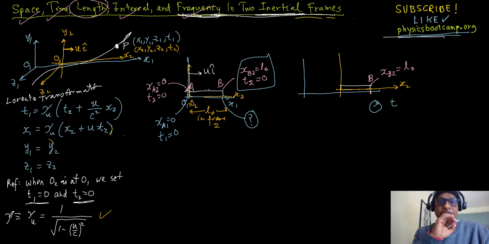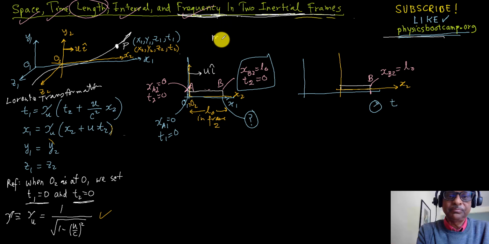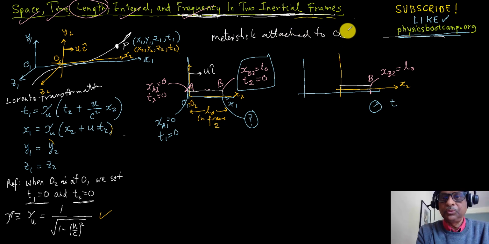Okay, so we are going to do length now. To do length, let's place a meter stick attached to the second frame, attached to O2, along the x-axis, which is the direction of movement. So we're just looking at the x-axis right now. You look at this, we call them events, right?